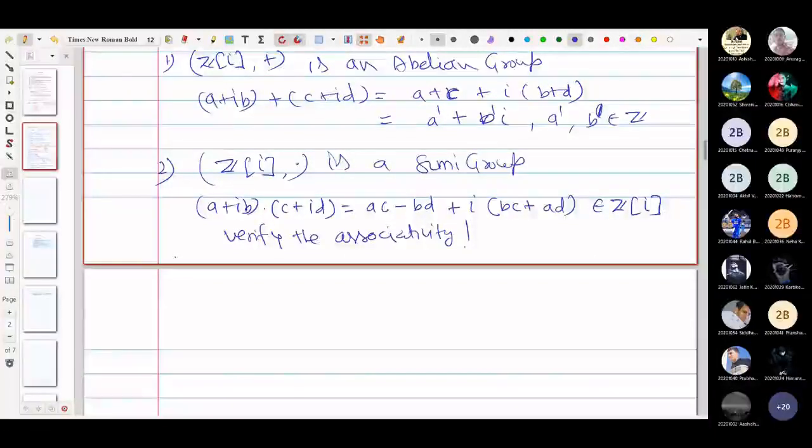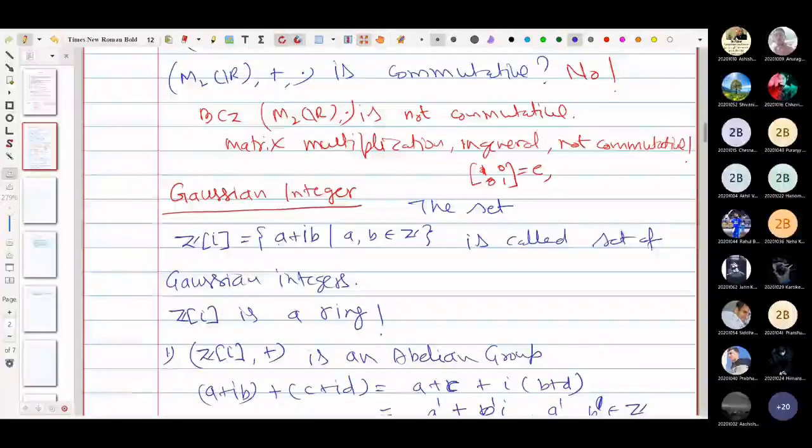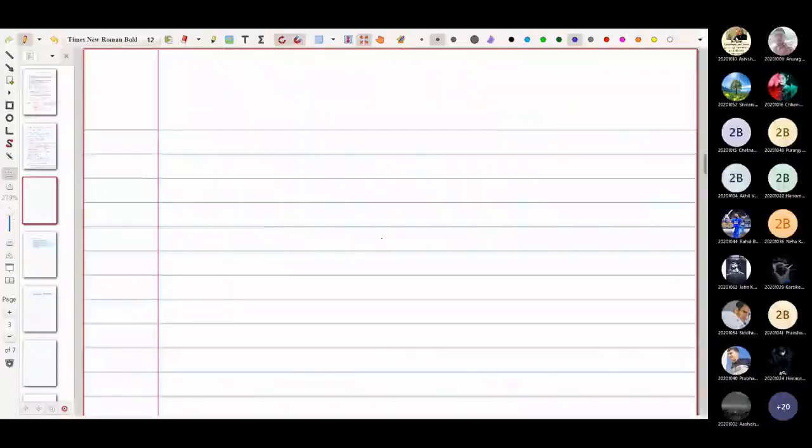Let us be more specific. What we have taken here is Z[i], and we are taking a and b from the set of integers. We can change this Z to another set. We can replace it.